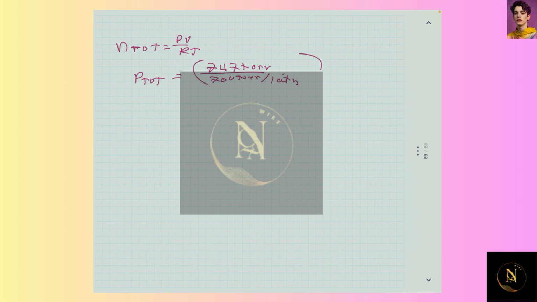And then I'll have 12.0 liters. We're going to divide that by 0.08206 L atm over K mole, times 302.